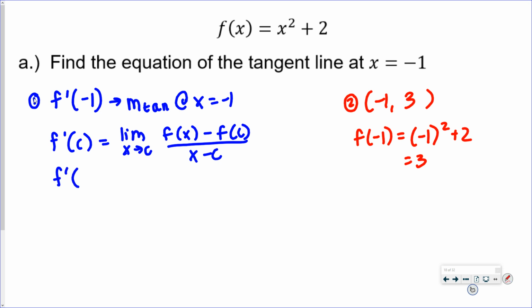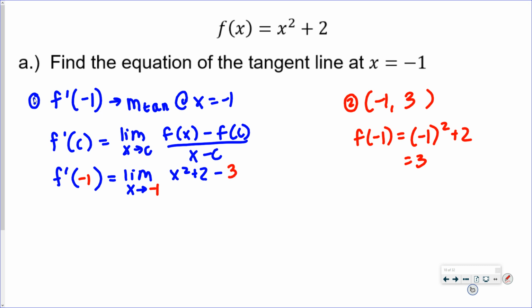All right, so we're doing it at the point -1. And think about it, we're plugging in -1 into our slope equation before we're even finding the derivative. Okay, f of x is x squared plus 2 minus f of c. Just going to plug in 3 right away.